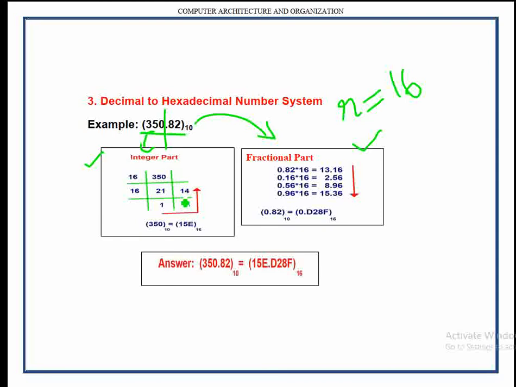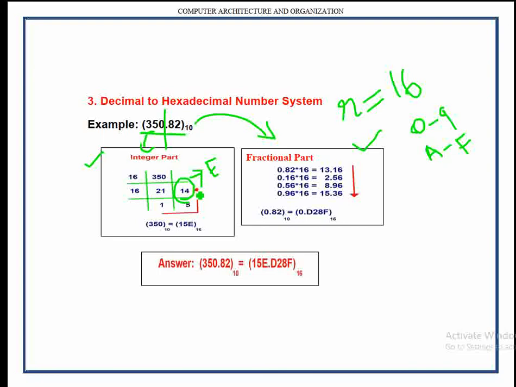Here one thing you have to observe: 14 is there. Instead of writing 14 as it is, we have converted 14 into E. As we already know, the distinct digits allowed for the hexadecimal number system are 0 to 9 and capital A to F. So totally 16 distinct digits are defined for the hexadecimal number system.